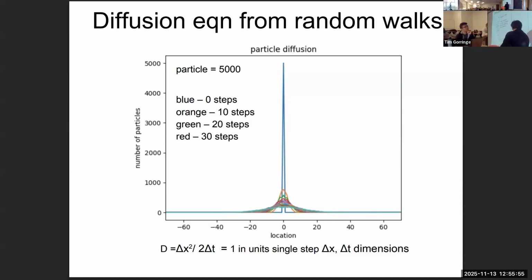So if you work in units of delta x and delta t, then the diffusion constant is 1 half.